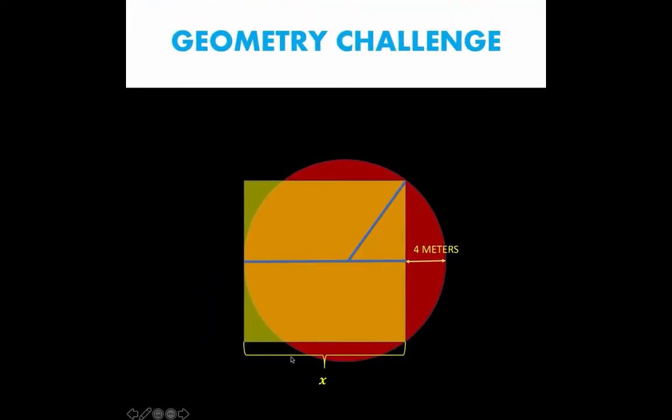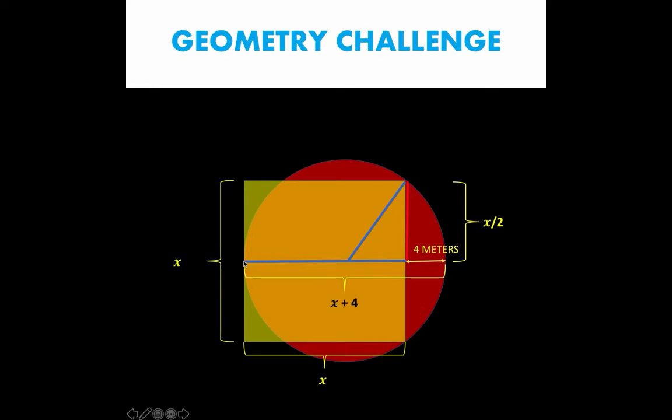Now let's denote the length of this side of the square as x. That means this side also is x, and this side also is x. Since this line segment passes through the center of the circle, then this length of the triangle is equal to x over 2, or 1/2 the side of the square.